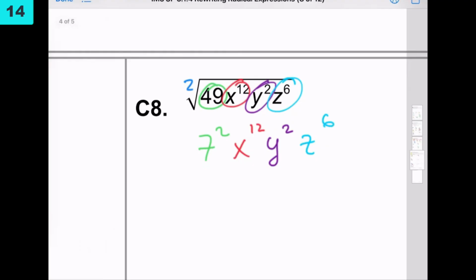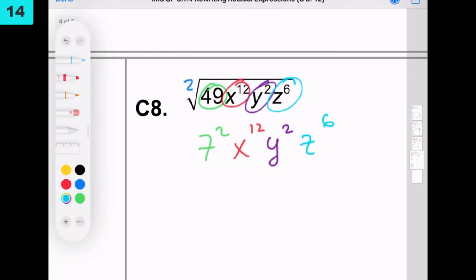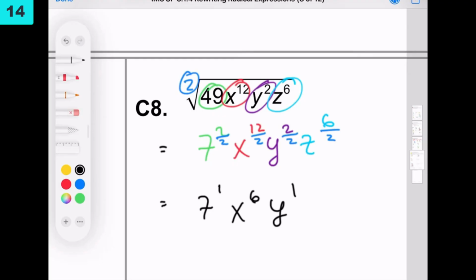And all of those are going to be divided by the index, which is 2. So I'm going to get 7 to the 1st power, x to the 6, y to the 1, and z to the 3rd. Let's think about our EVO.